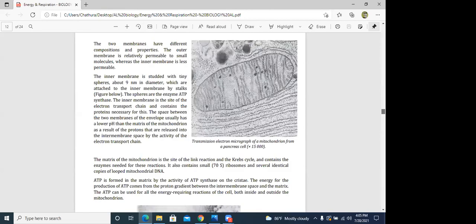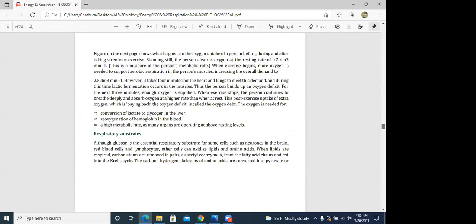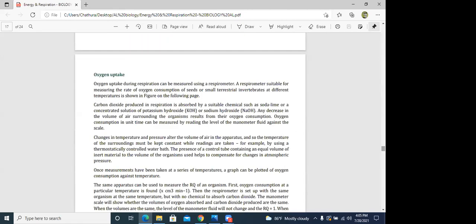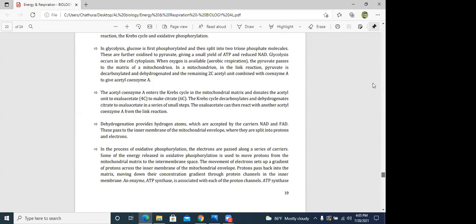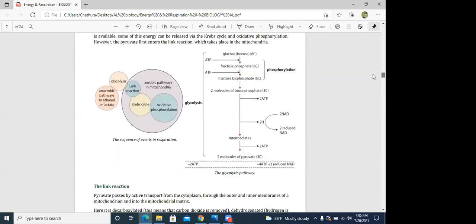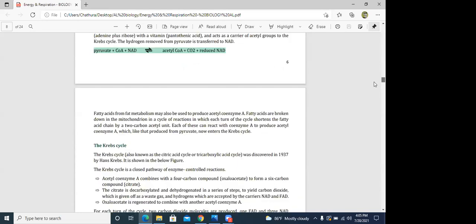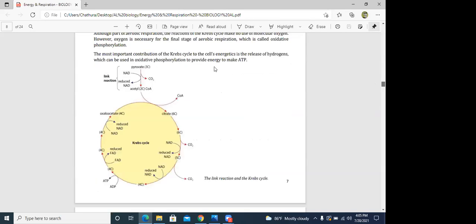This is what we discussed. Link reaction: the pyruvate converts to acetyl-CoA.